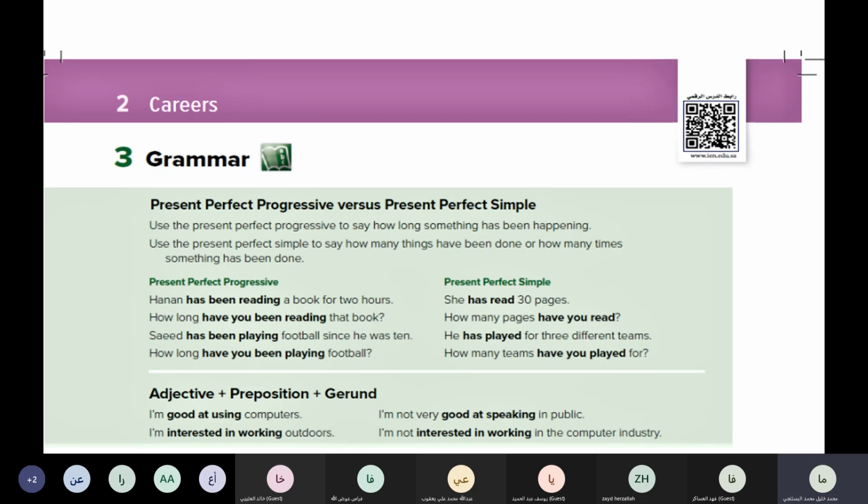For example, I have read 30 pages. So really, look here. Up to now, I finished 30 pages. And I will continue. Look here, the timeline.